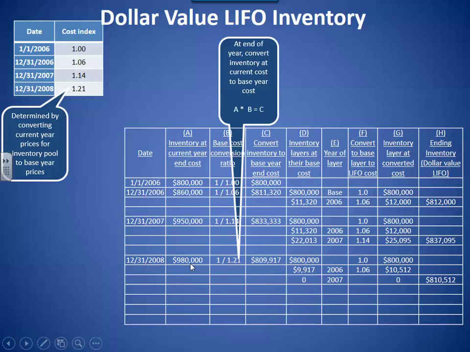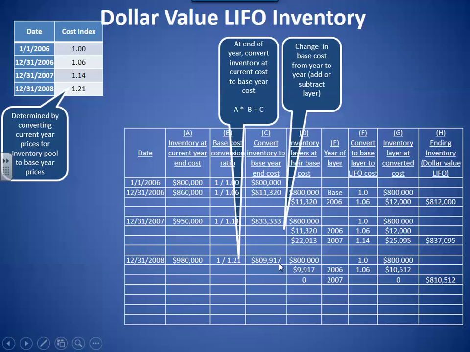So again, we take the $980,000 times 1 divided by the price index of 1.21, and that converts back to $809,917.